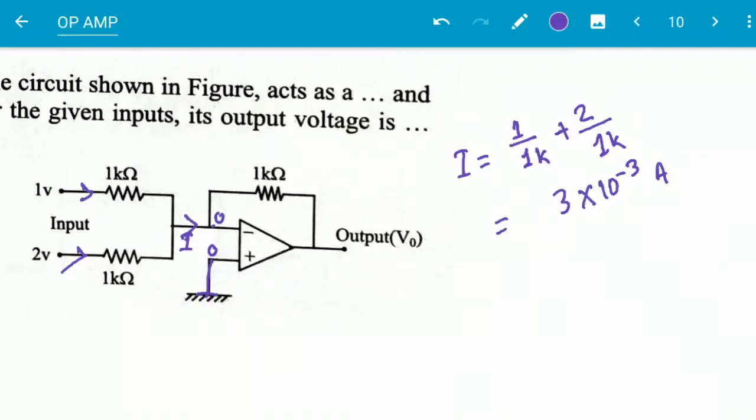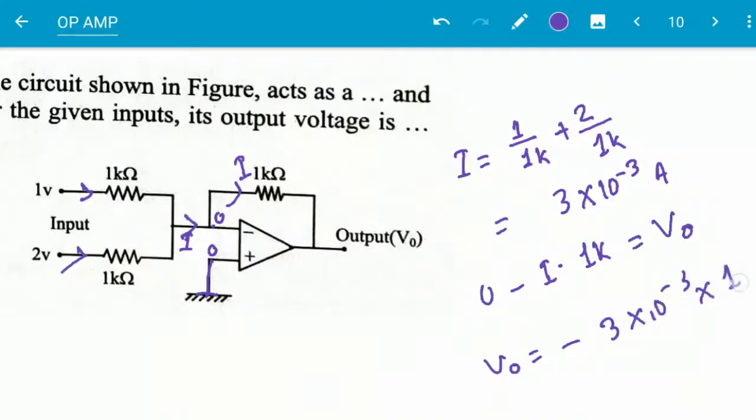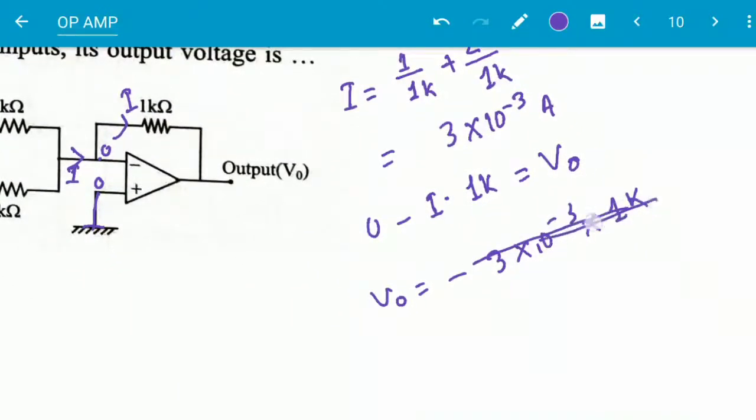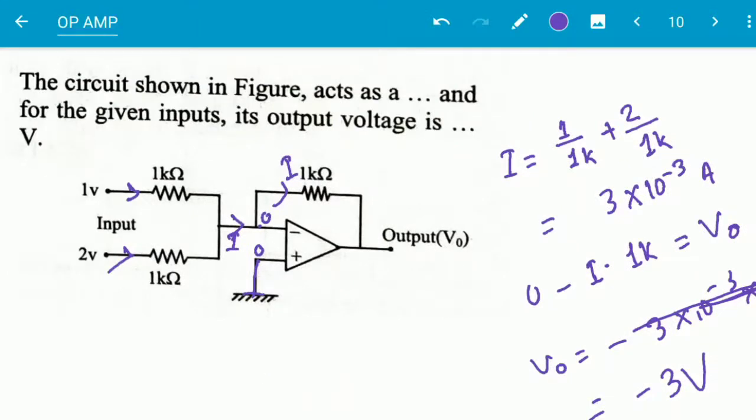If we consider the same current I here, this will be 0 minus I into 1k, which is V output. So V output will be minus of 3 into 10 to the power minus 3 into 1k, and the 10 to the power minus 3 and 1k cancel out, and only minus 3 remains. So minus 3 is the output voltage. This is also one of the GATE questions.